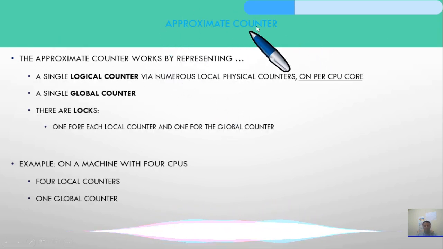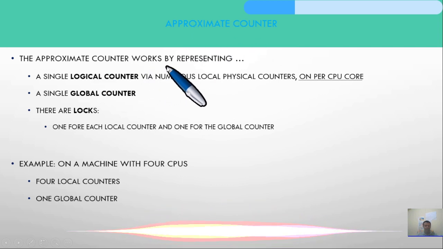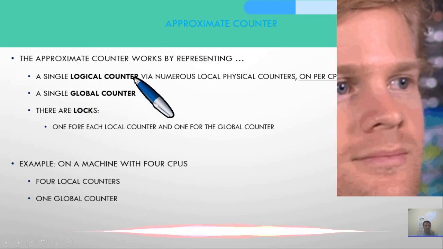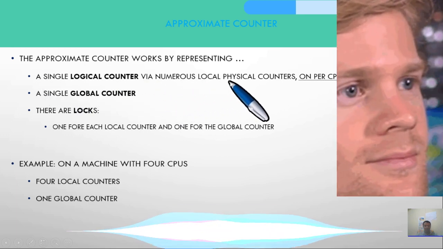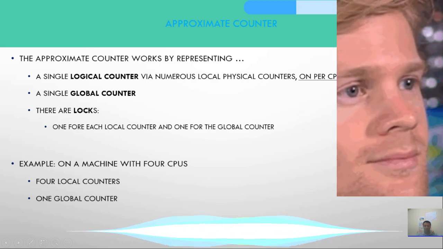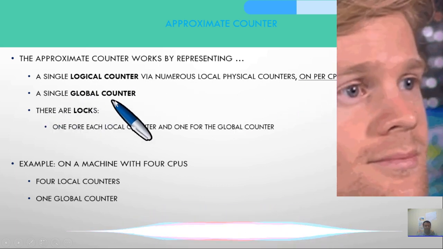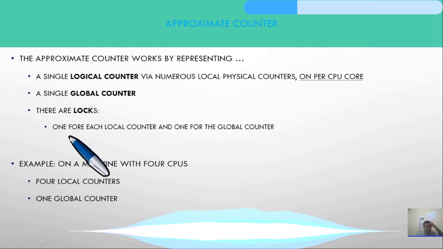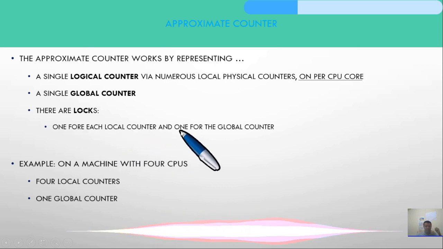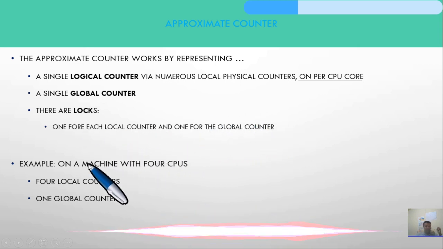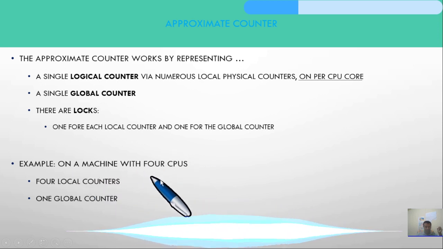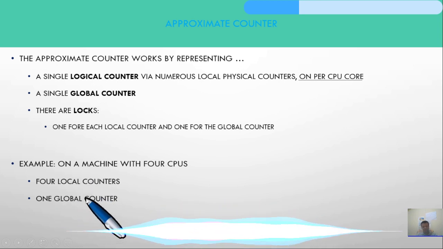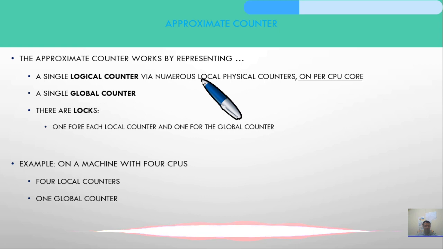The approximate counter works by representing a single logical counter via numerous local physical counters, one per CPU core, and a single global counter, and there are also locks: one for each local counter and one for the global counter. For example, on a machine with 4 CPUs, we have 4 local counters and 1 global counter. This is also a very important point to keep in mind.